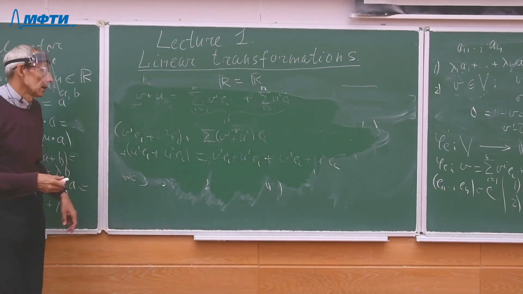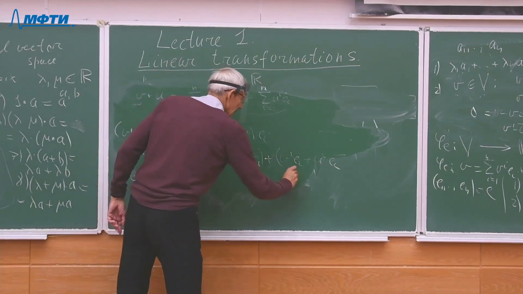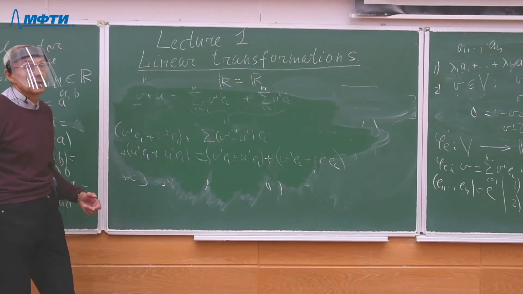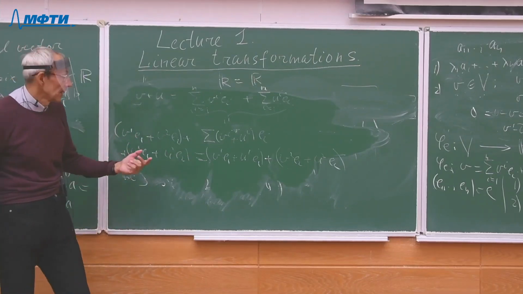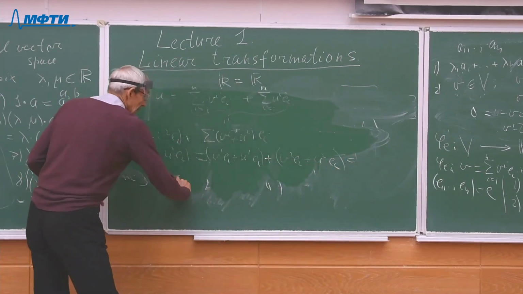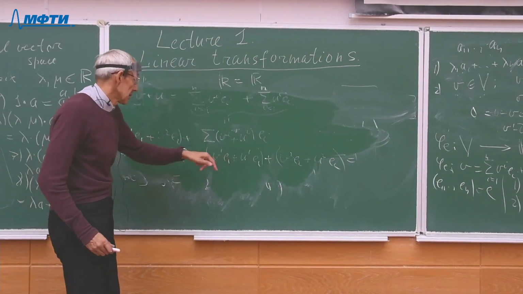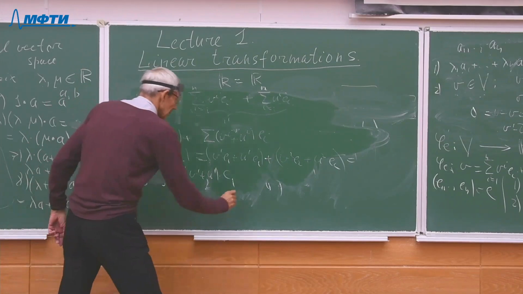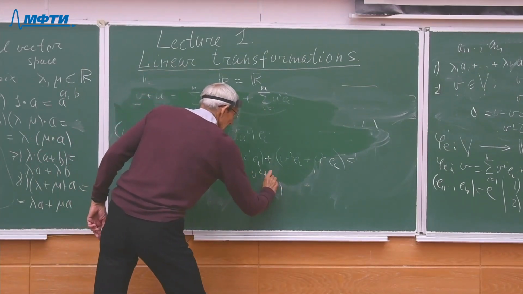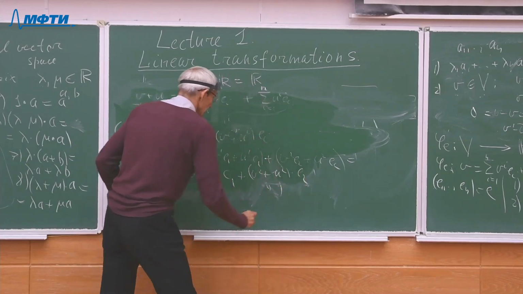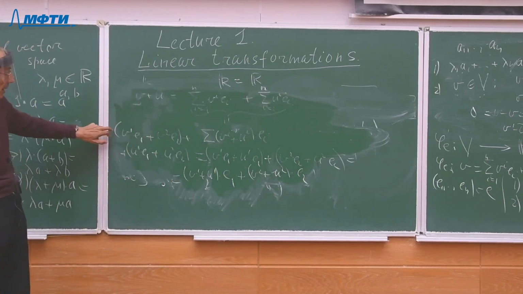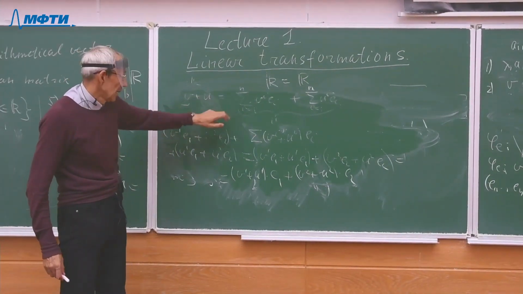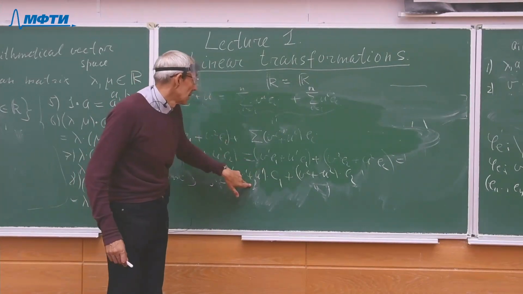After that, I can use associativity to rewrite this equality in this form. After that, I can use the distributivity law, and I can present the first summand in the following form: v1 plus u1 multiplied by e1, plus v2 plus u2 multiplied by e2. The first summand is equal to this one, and this summand is equal to this one.